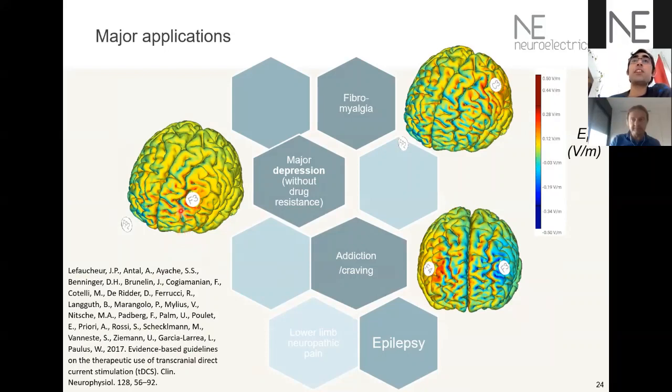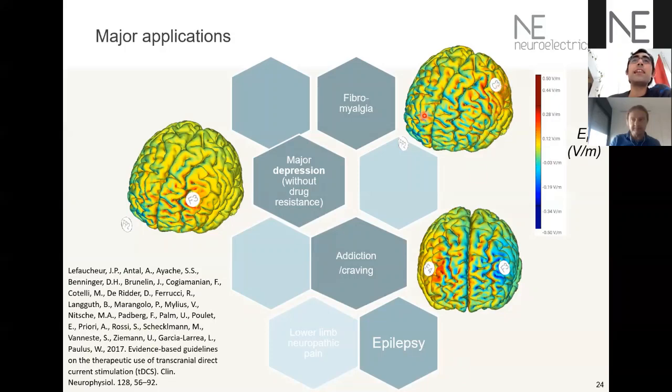And those applications were fibromyalgia, major depression, addiction, craving, and to a lesser extent, lower limb neuropathic pain. I'm also including here epilepsy because in a previous clinical trial that we did with Boston Children's Hospital, we saw good results of the application of the same sort of rationale for optimization that I mentioned before.